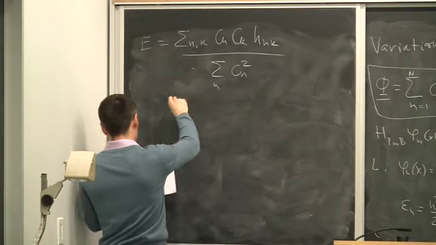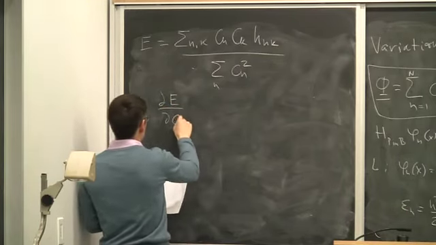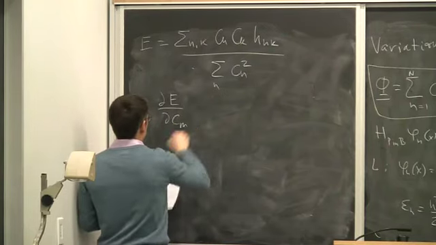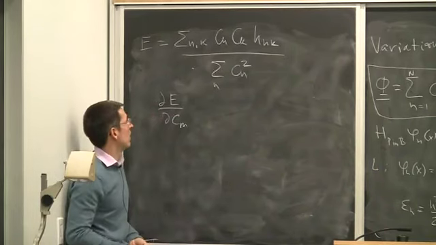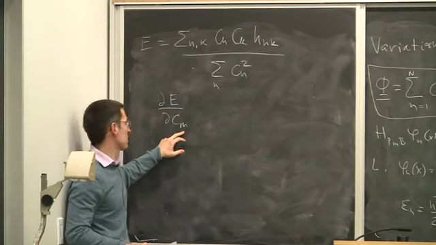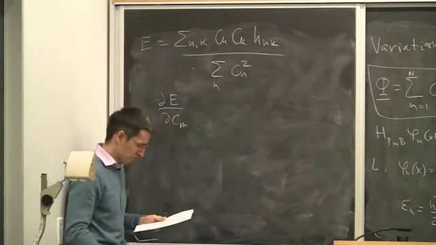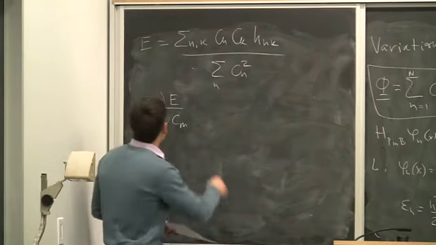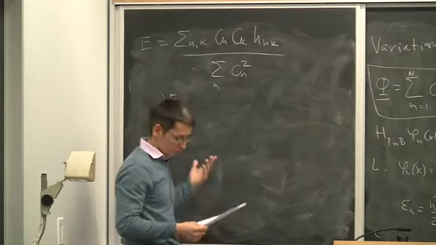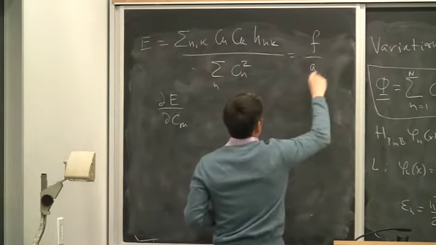Now we need to calculate the partial derivative of energy with respect to, say, some coefficient, right? And the coefficient can be anything. That's why I put a different subscript, m. N and k are running indices. And so how do we differentiate a function that is a ratio of two? I will call them f and g, right?